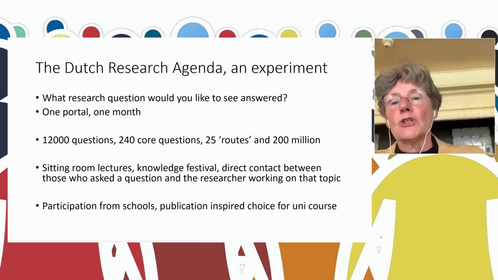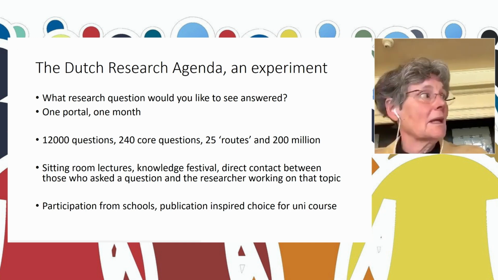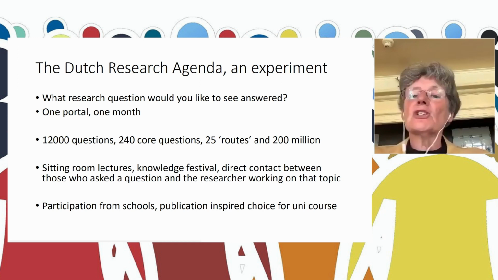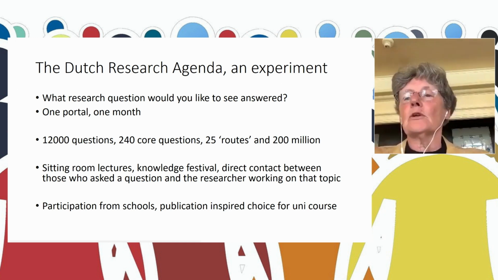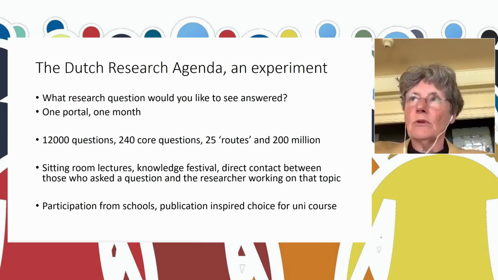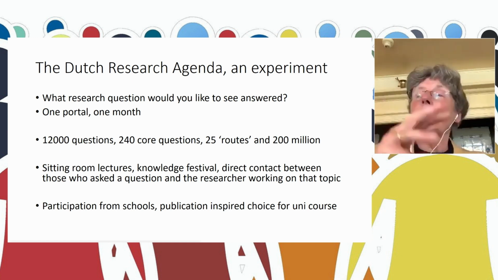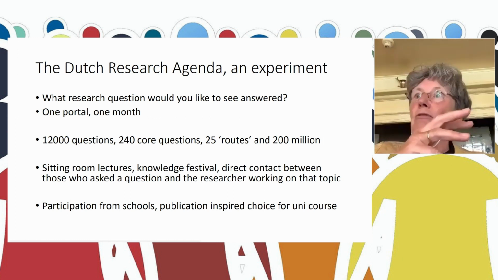But for the researchers, we hadn't yet taken the step to renewing access to maybe more money, or at least changing around what the research agenda could be. So what we did in the 25 routes that you see mentioned above is to bring together many of these 240 core questions, address similar topics, whether they had to do with the energy transition, whether they had to do with astronomy, whether they had to do with new pharmaceutical developments.